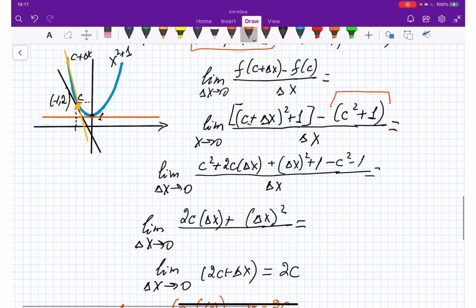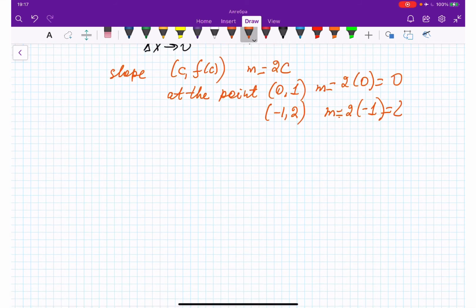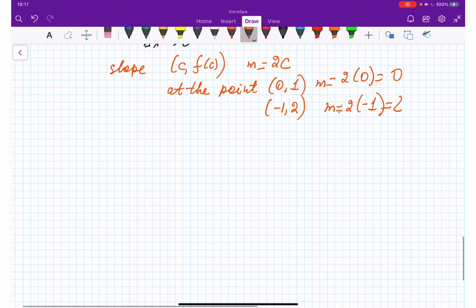Indeed, look at this tangent line. It's going down, decreasing, right? It's -2. Is equal -2. Okay.